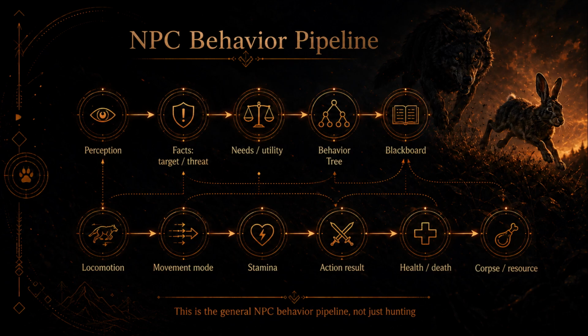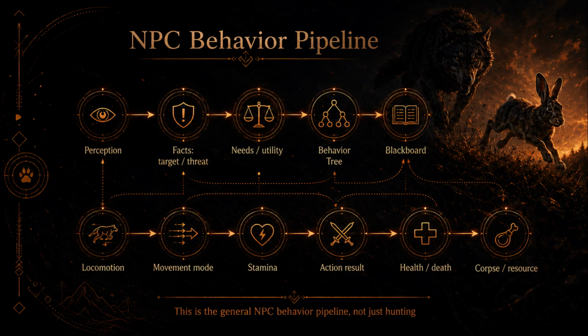Now, I'll break down the pipeline behind these scenes. Hunting is a good example, but this is not only a hunting pipeline. It's a general NPC behavior pipeline. The first layer is perception. It decides who can see whom. During a hunt, the wolf needs information about possible prey, and the rabbit needs information about a threat.